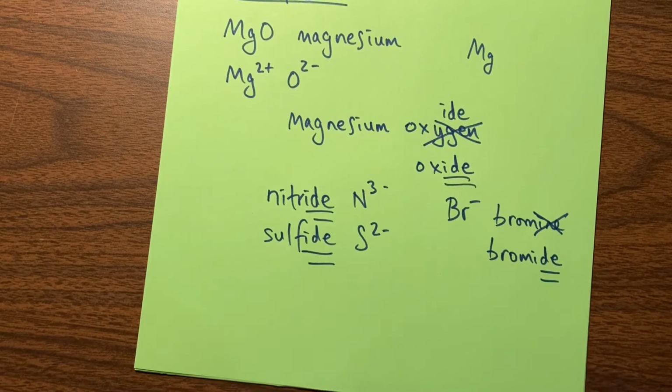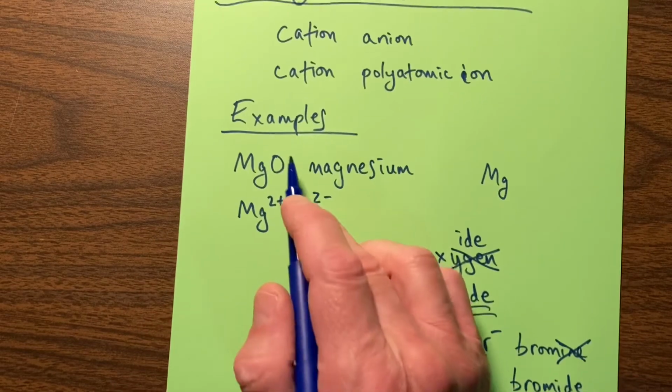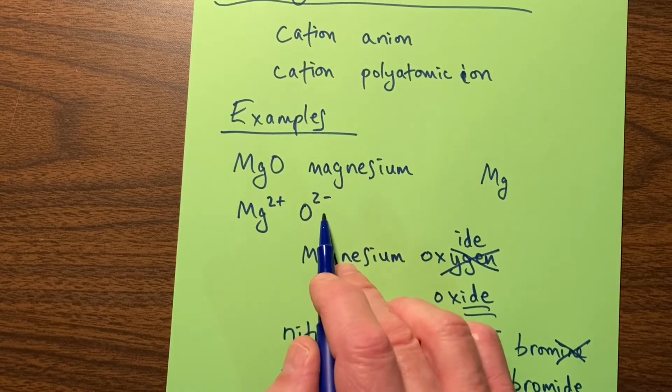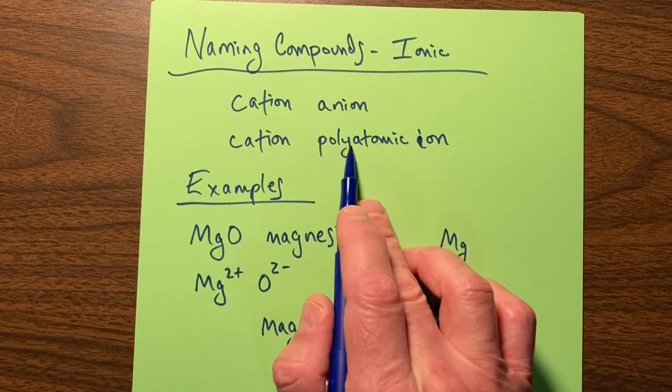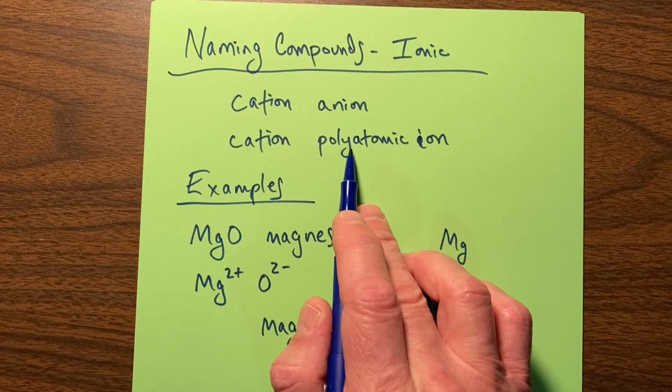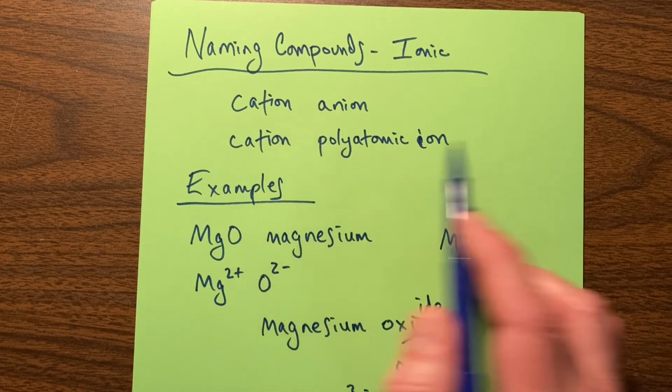That IDE rule only applies to what are called monatomic ions. When I say a monatomic ion, I mean one ion by itself. When I say polyatomic ion, I mean a group of atoms that move together and carry some negative charge.